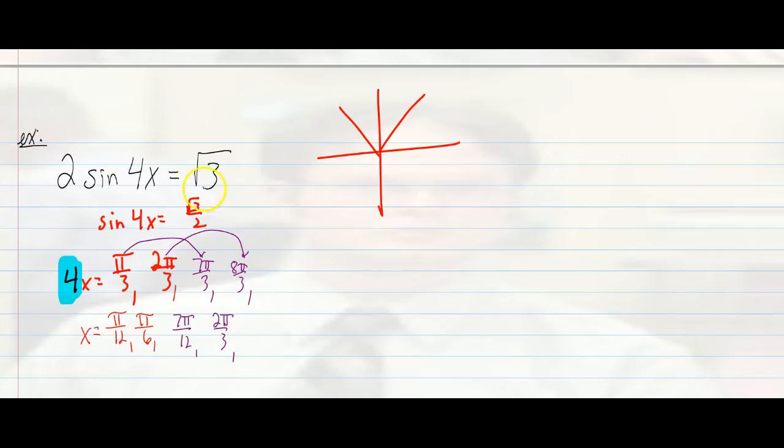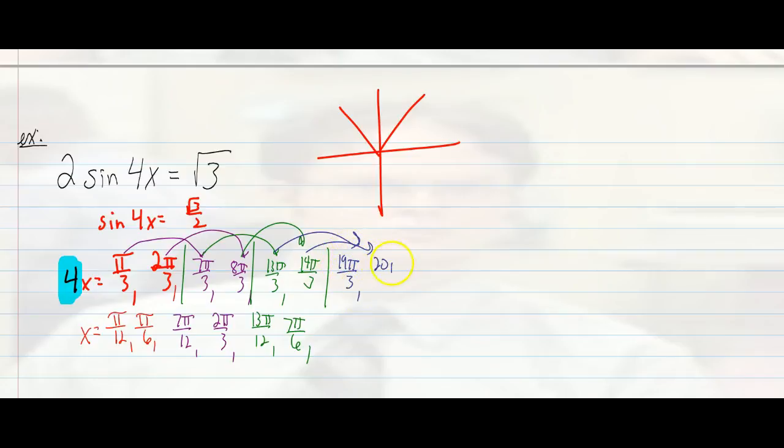So to find the next set, add 2 pi on again. 13 pi over 3 and 14 pi over 3. Adding 2 pi onto those. And then when we solve those, we're going to have an answer of 13 pi over 12 and 14 pi over 12, which simplifies to 7 pi over 6. Go one more time, add 2 pi on again. That's 19 pi over 3, and also 20 pi over 3.